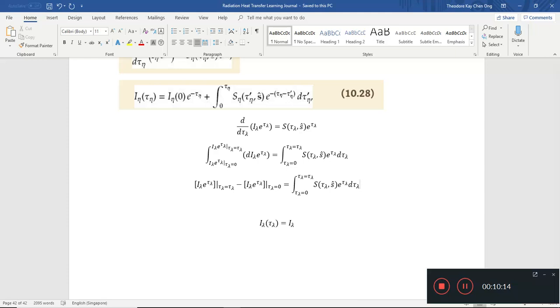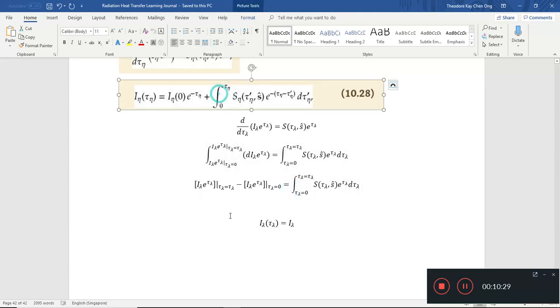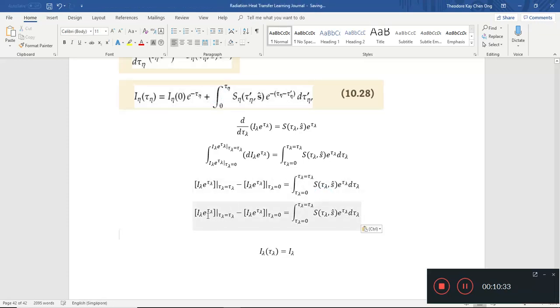Let's use a paint program to illustrate what's going on once I finish integrating this. On the right hand side, it will just be left as such, because over here there's just this integral. So let's evaluate the left hand side first.